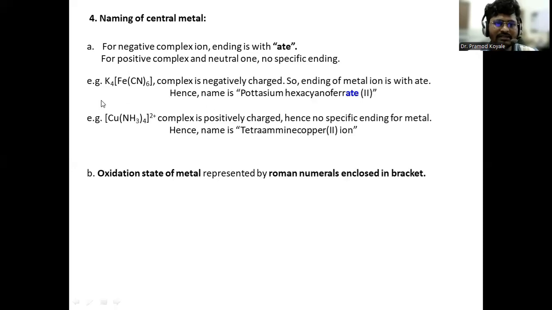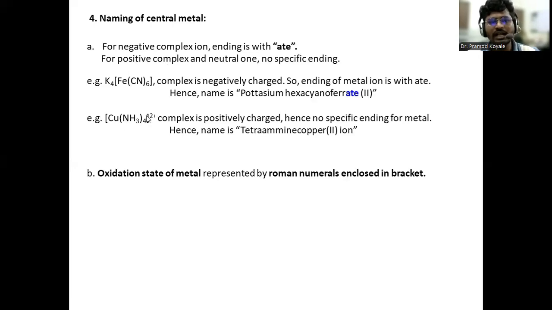Another example: take the example of a positive complex ion. We have the central metal copper, 4 ammonia ligands, and the charge on this coordination sphere is positive one. It means it is a positive complex ion, and there is no specific ending. Try to name this complex as per the IUPAC nomenclature rules.